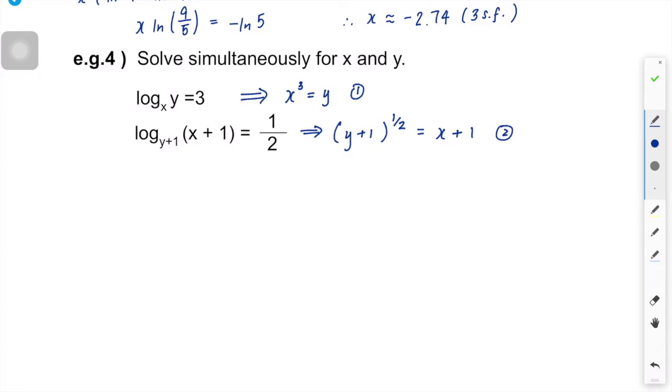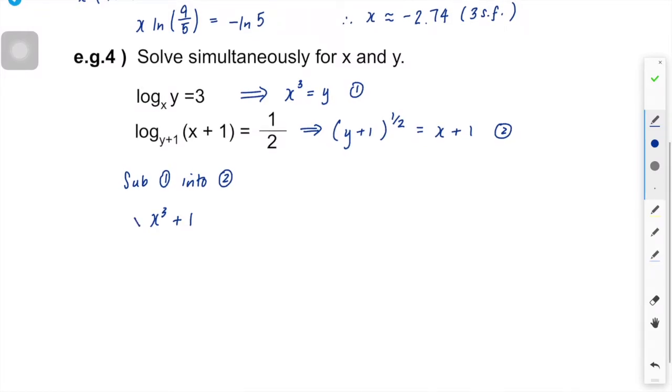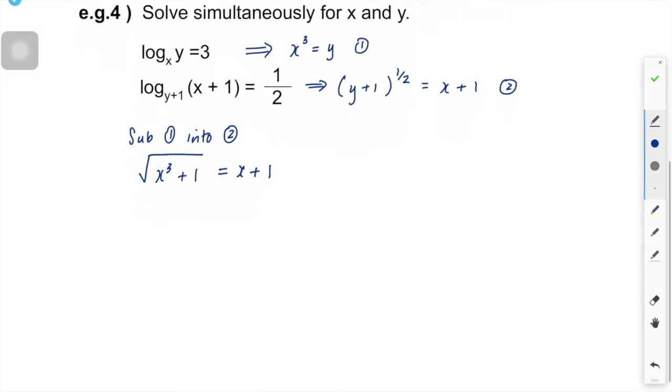So because we have y isolated in equation 1, let's sub 1 into 2. And so what do we have here? We have y is x cubed. So x cubed plus 1 to the power of 1/2, I'm going to write it as a square root, is equal to x plus 1.